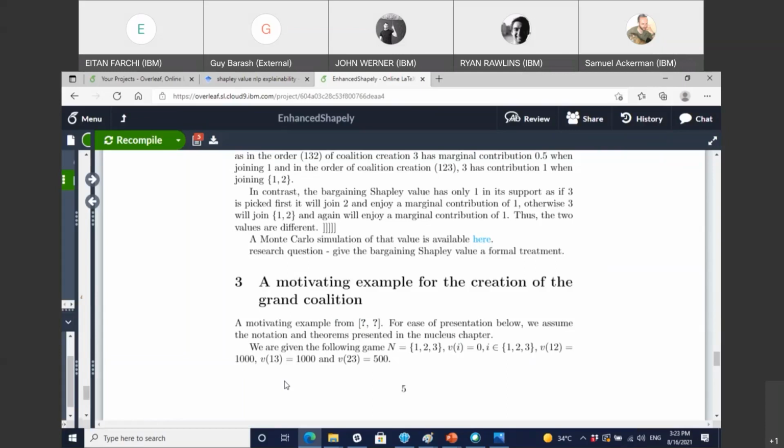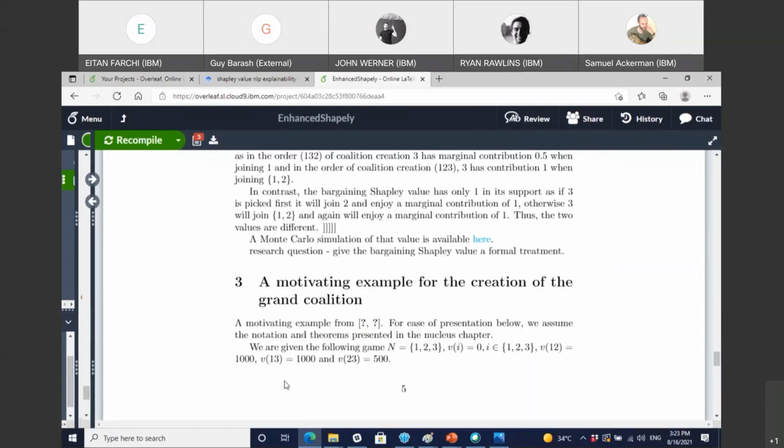So if 1 goes with 2, they get 1,000, and then she says, okay, let's split it. I'll get 800, and you'll get 200. As we talked about previously, that would not be stable because 2 and 3 can say, wait a minute, we'll go together and each one of us will get 250, which is more. So now the offer on the table is 250 for 2 and 250 for 3 and 0 for 1.